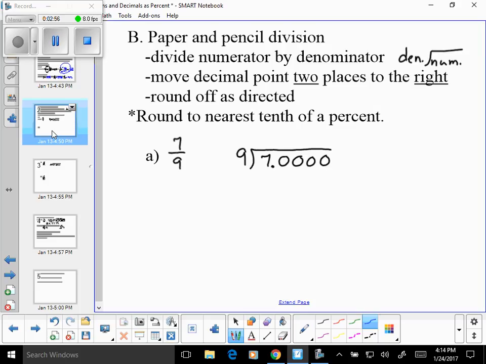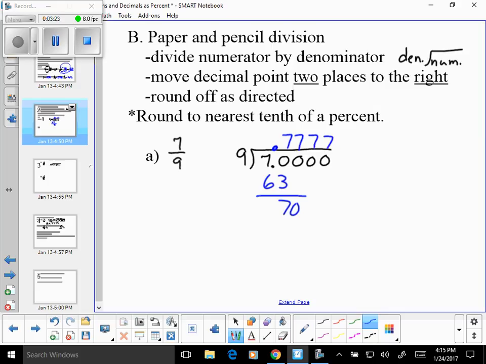When I'm dividing, I need to bring my decimal point straight up. 9 does not go into 7, so I shift over to the 70, and it goes in there 7 times. That's 63. Now, when I subtract, I'm going to get a 7, and I bring down the next 0. I'm right back where I started, at 70. So that means I know that all of these numbers up here are going to be 7s.